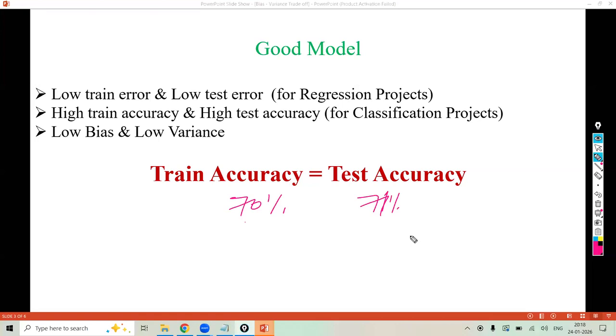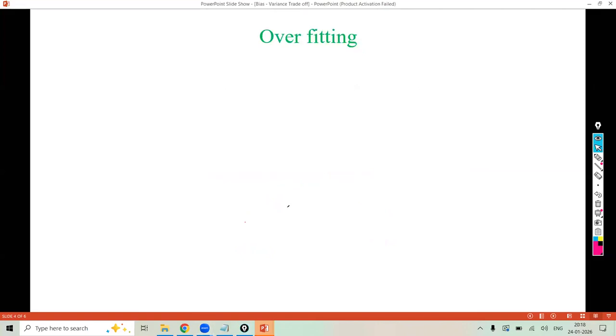For example, if you got 69 and 65, the difference between them should be within plus or minus 5. Okay, got it? Done.